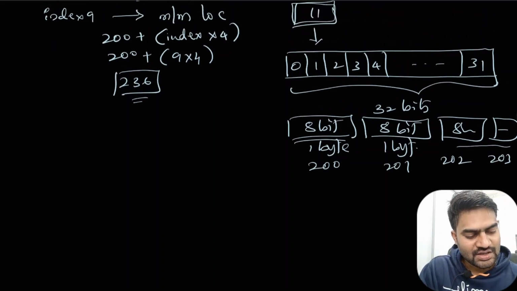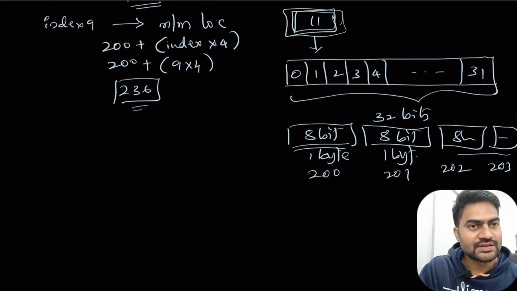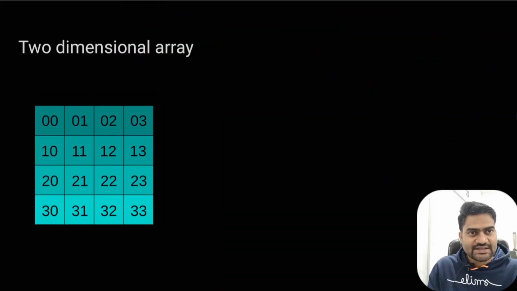This is for one block, or for storing one number. The same representation happens for the other numbers as well. About the arrays, we will learn how to access them, how to add elements, and how to remove elements from the array in the upcoming video.